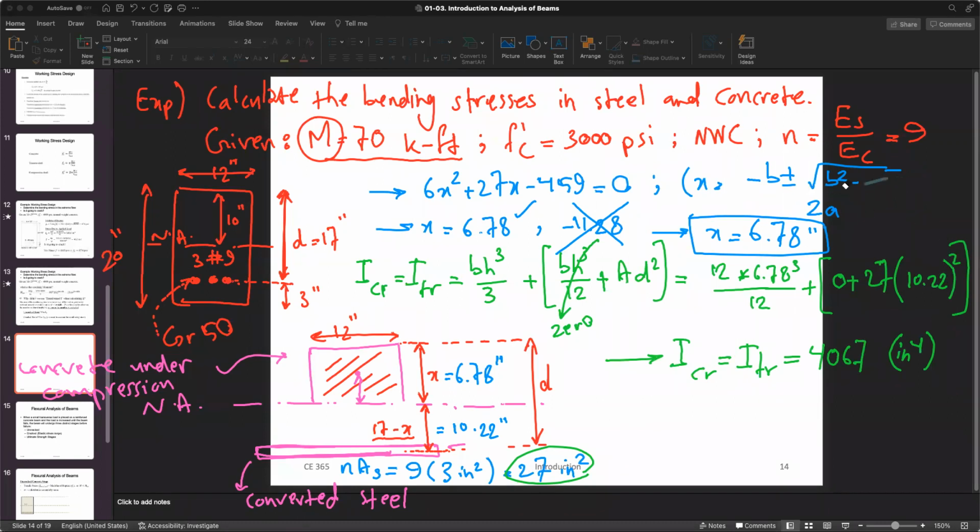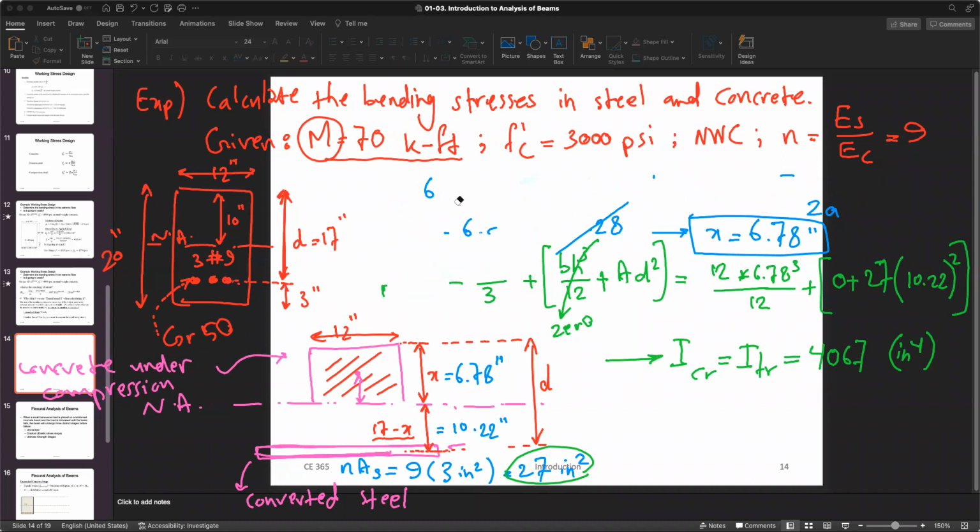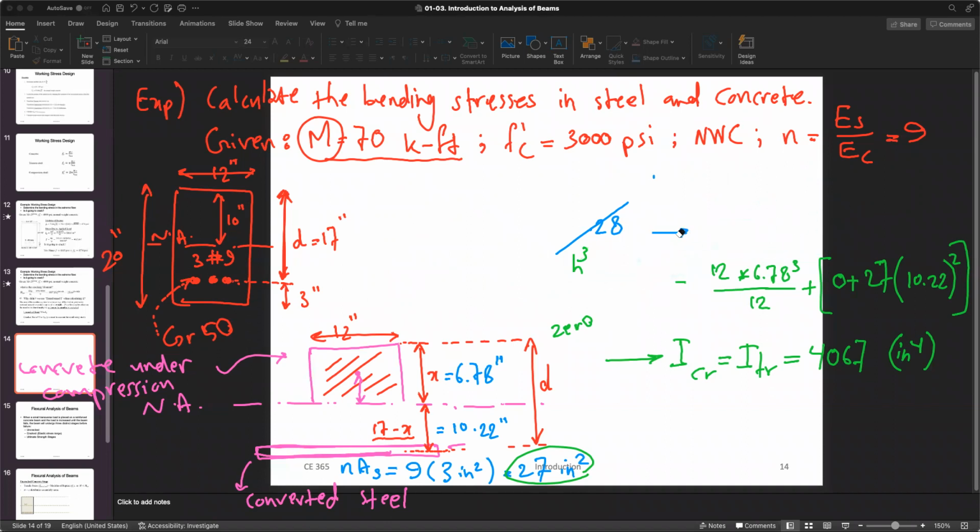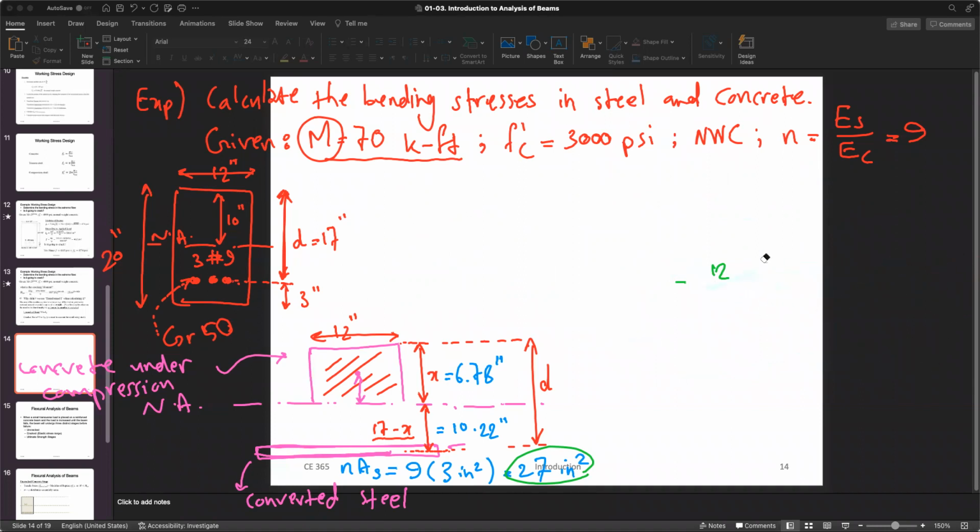We do not need these for sure. Okay, so bending stresses.